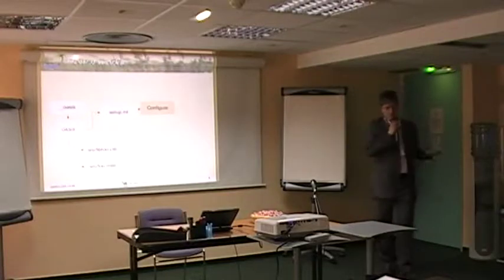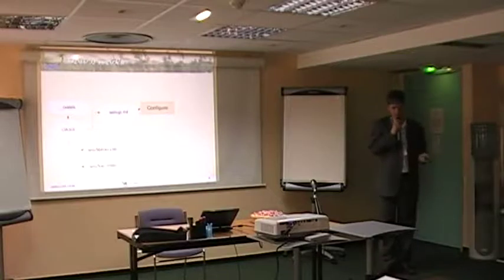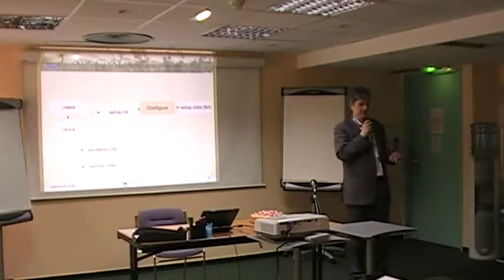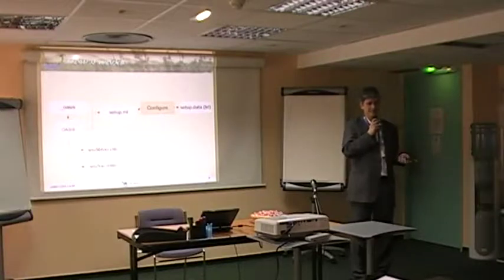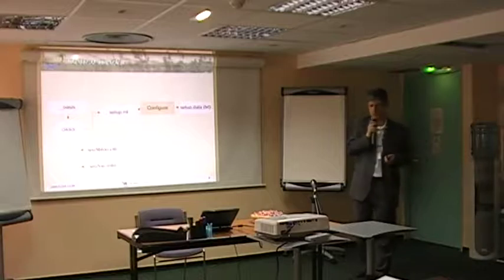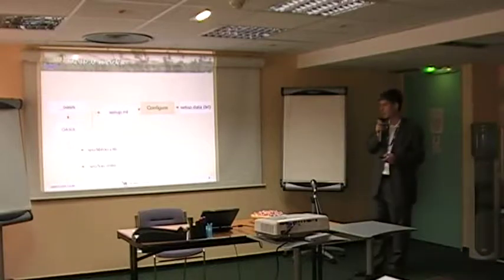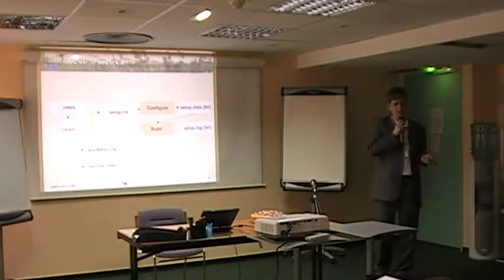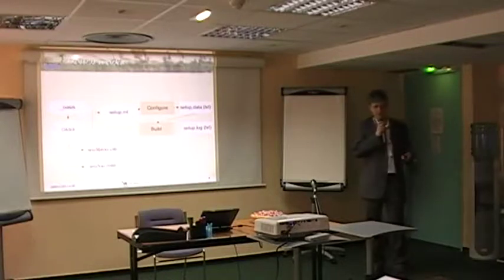We then run the configure step. The configure step generates a setup.data, which is basically a makefile containing keys and values separated by an equal sign. It's very basic. We then run the build step, which in turn generates a setup.log, which contains what has been built during the build step.